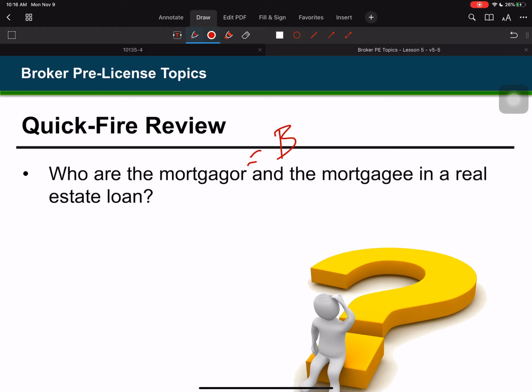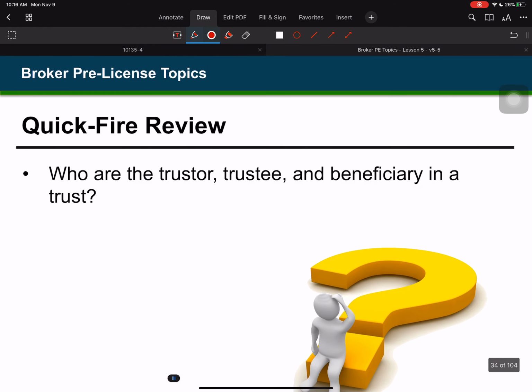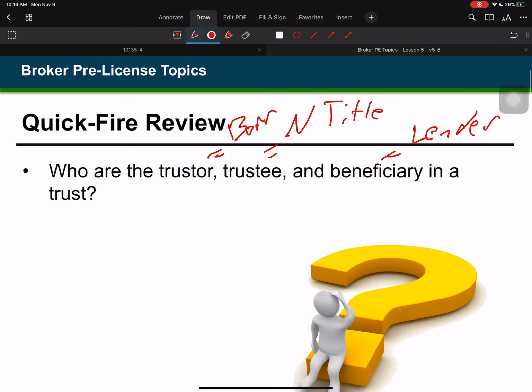The mortgagor is the borrower, the mortgagee is the lender. And who are the trustor, trustee, and beneficiary? The trustee holds naked title, the beneficiary is the lender, and the trustor is the borrower.